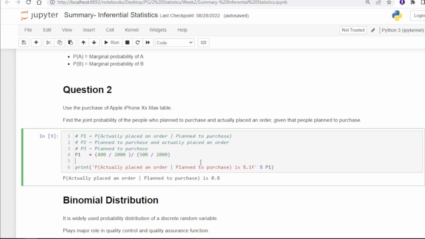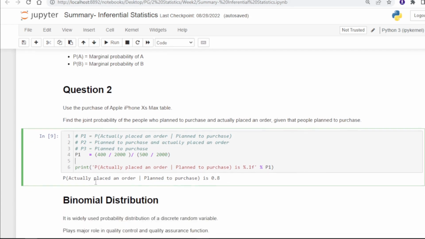So P1 is the probability that they actually placed an order given that they plan to purchase, where P2 is plan to purchase and actually placed an order, and P3 is plan to purchase. So these three terms will be included for this value.